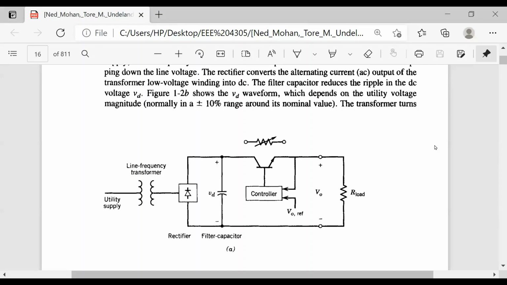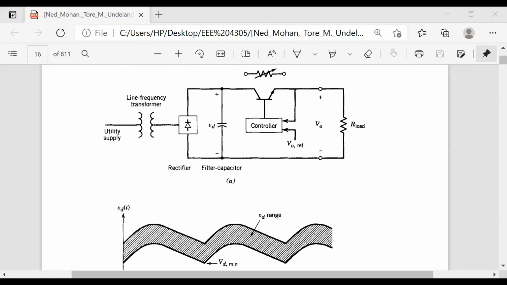What I was talking about is, if the voltage is varied, suppose this is your supply voltage, and this is the primary voltage, and this is the secondary voltage Vs, and this Vs equals Vm sin of omega t.